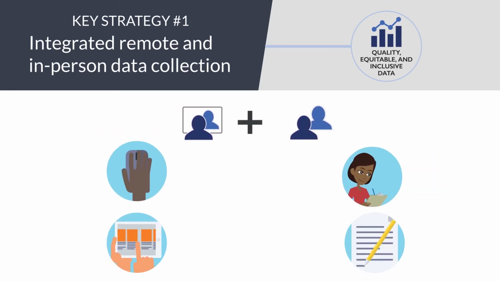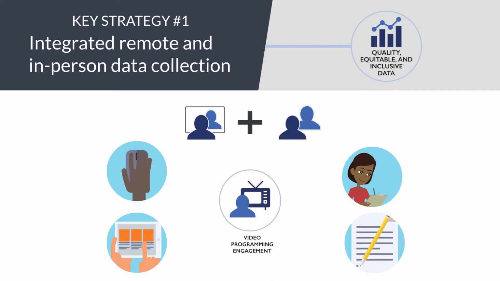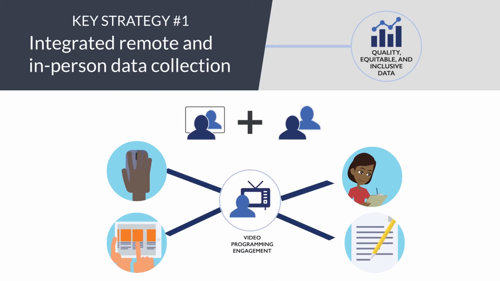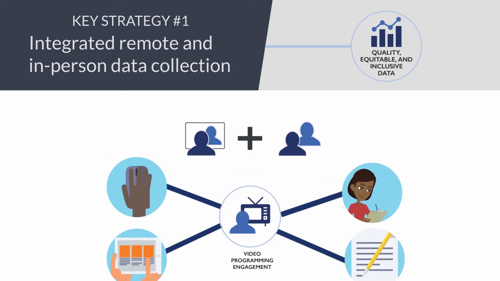Combining remote and in-person data collection enables more frequent, responsive, and systematic data collection in emergency and non-emergency contexts. One example of integrated data collection is measuring learning engagement in video programming using both in-person and remote methods.